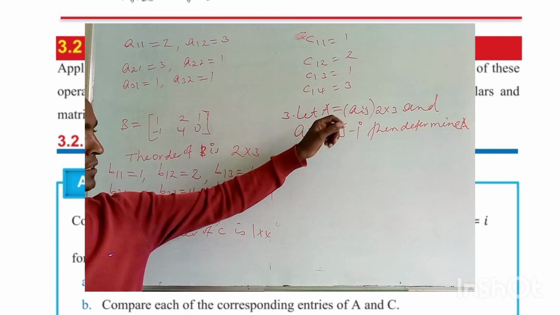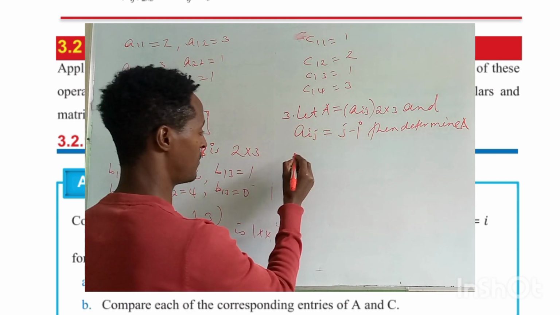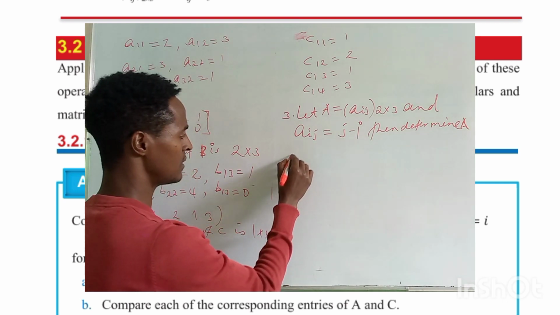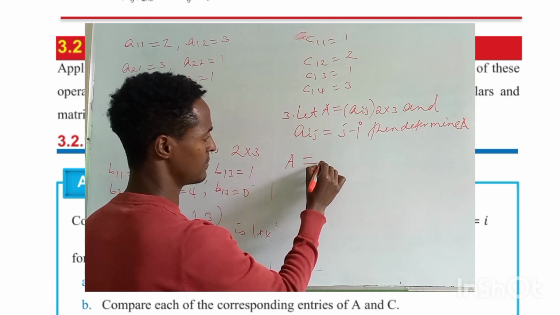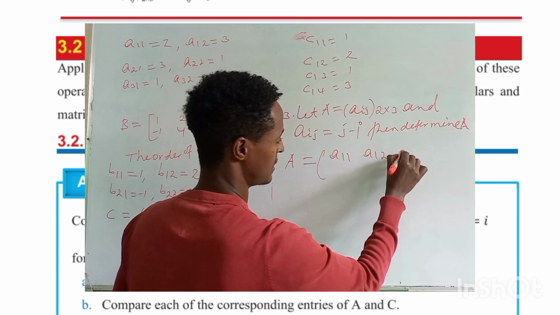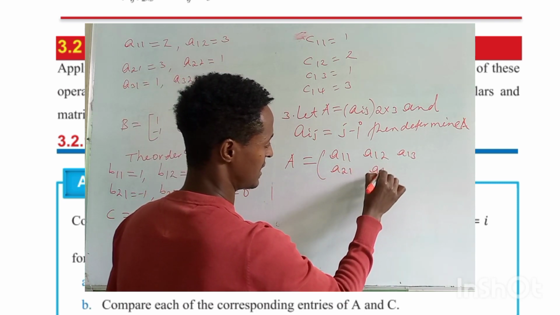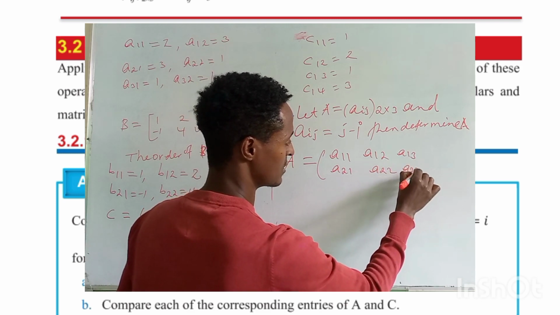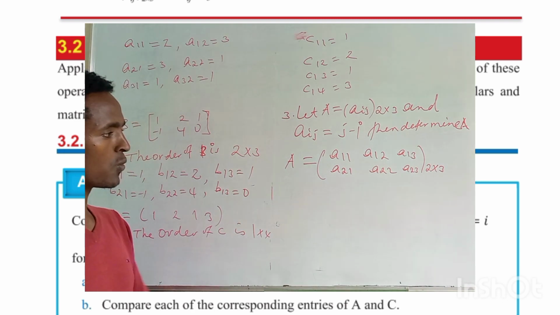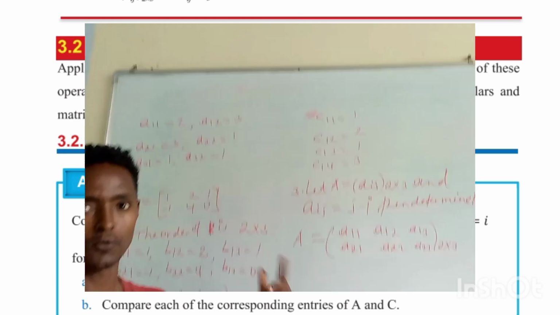To find the entries of A, we have to use this formula. When we write A in general form, this becomes A11, A12, A13, and A21, A22, A23. So this is a 2 by 3 matrix, and we are asked to find each entry of A just by using this formula.